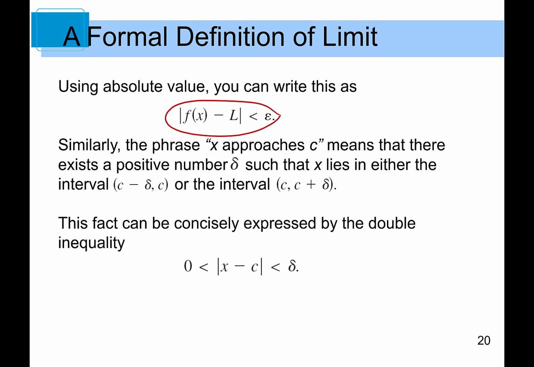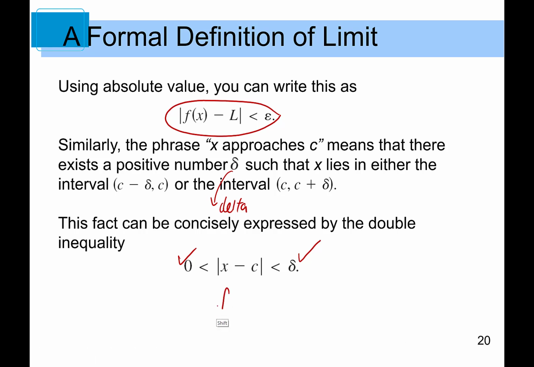The phrase x approaches c means that there exists a positive number delta such that x lies in either the interval c minus delta, c, or in the interval c, c plus delta. And this could be concisely expressed by the double inequality, meaning the absolute value of x minus c is greater than 0, less than delta.